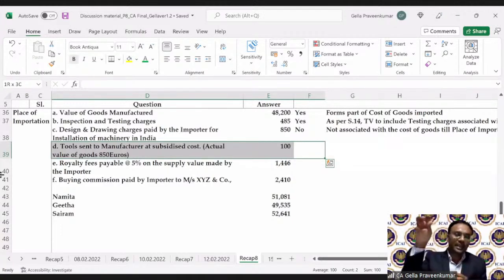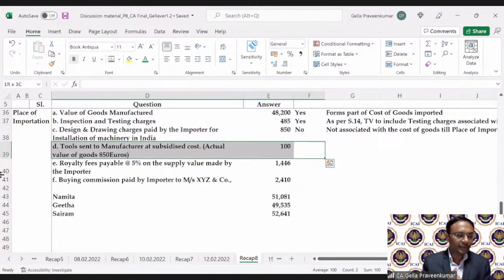Priya, the manufacturer in England, has to fetch these goods locally, whose value may be 850 euros, right? So these tools are connected with my goods to be manufactured, read with Rule 10, Sub-Rule 1, Clause B: the value apportioned as appropriate of the following goods and services, where supplied directly or indirectly by the buyer free of charge or at reduced cost. If it is free of cost, please add back that cost. If it is subsidized, add the value which is subsidized, which is actually not paid by the exporter.